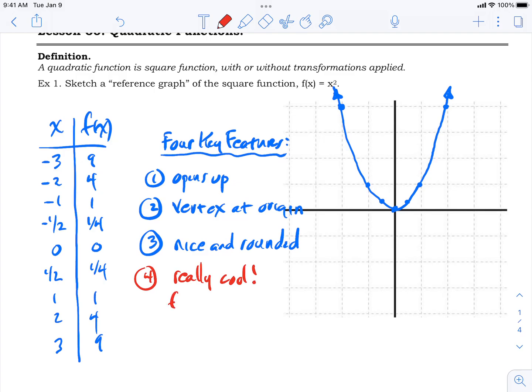From the vertex, once you know where the vertex is, you can draw this. You can draw what I'll call a standard parabola. It's just x squared, the standard parabola.